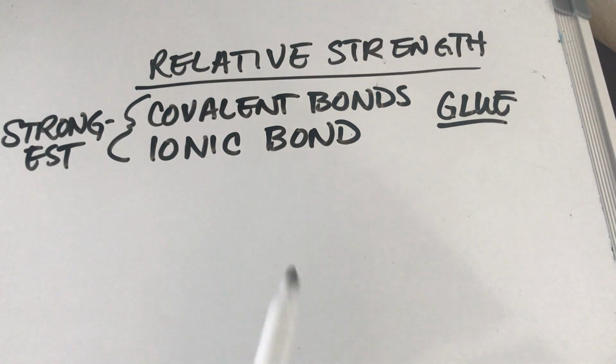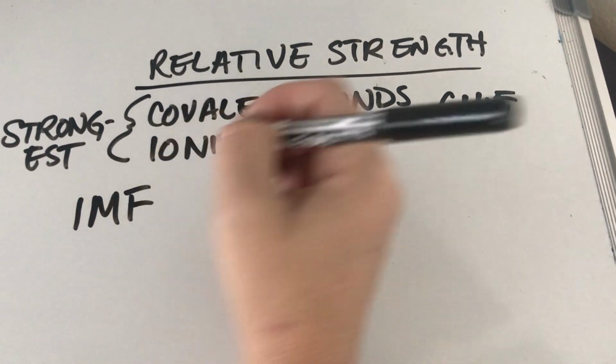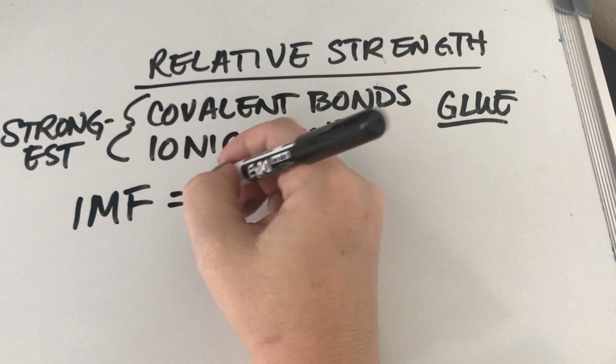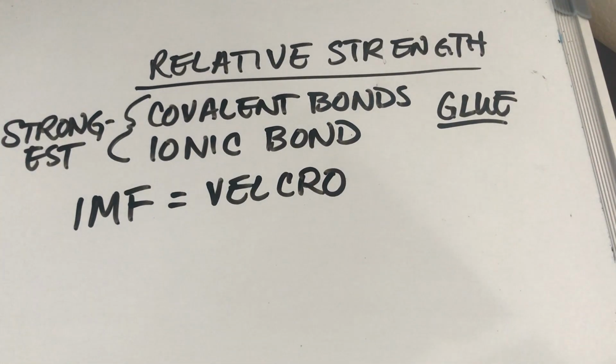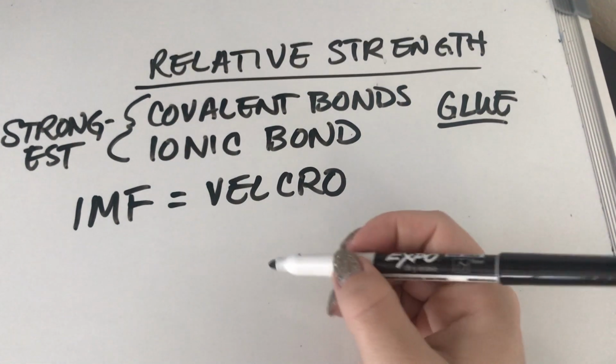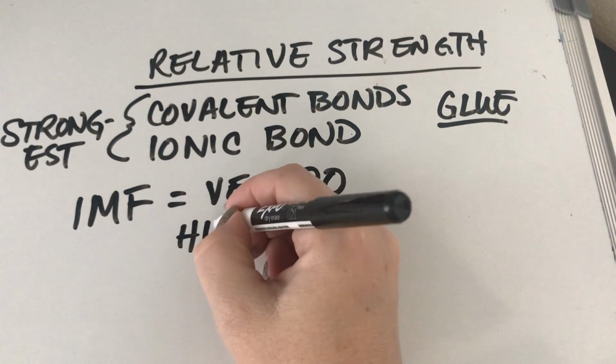So, if these are the glue that stick atoms together to form molecules, IMFs are like Velcro. All right? Not as strong as glue, but still sticky. The strongest of the IMFs is a hydrogen bond.